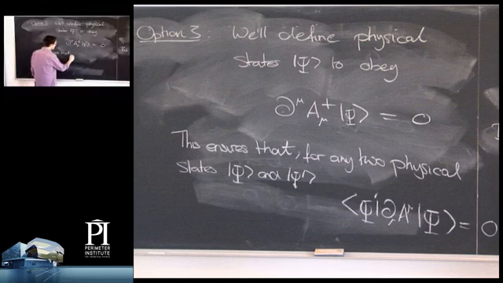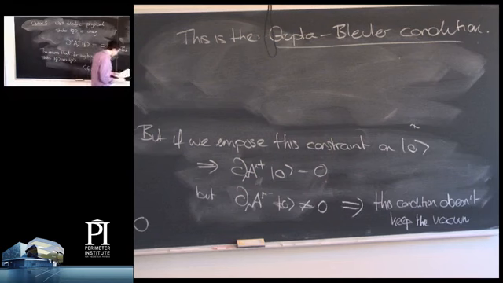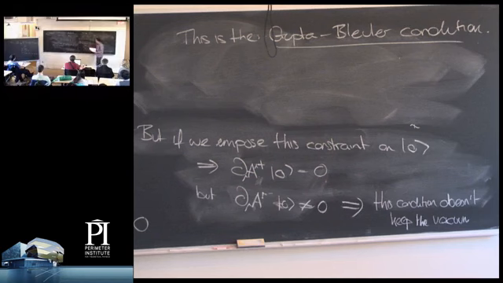This ensures that any two physical states have vanishing matrix element with the operator. Okay, so this has a name. This is known as the Gupta-Bleuler condition.